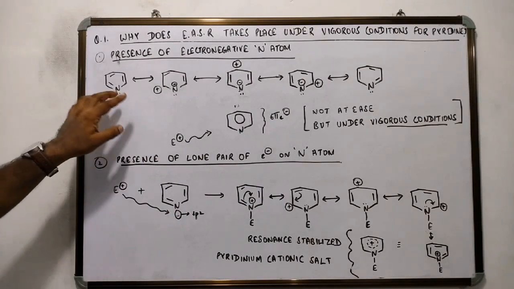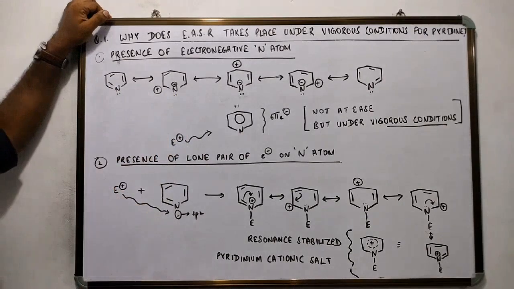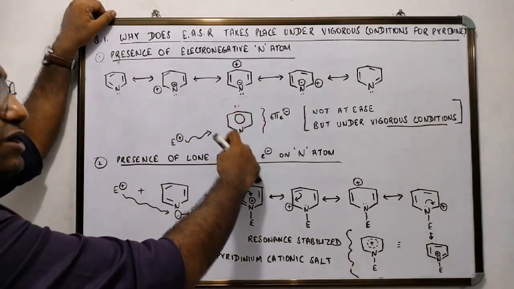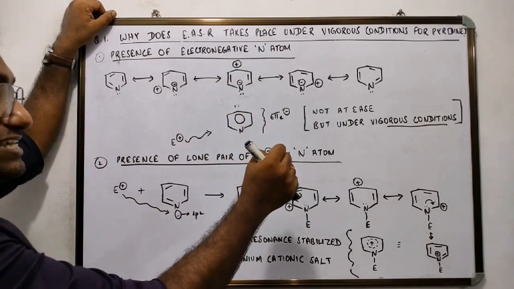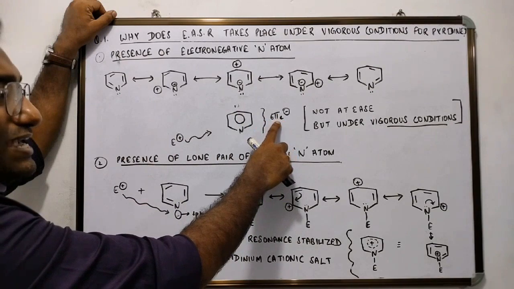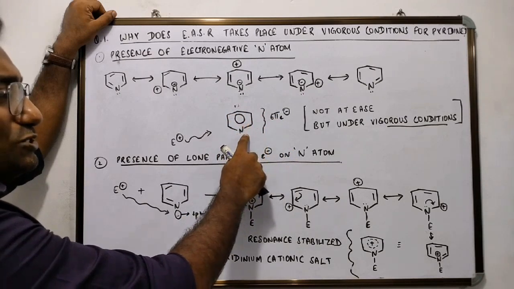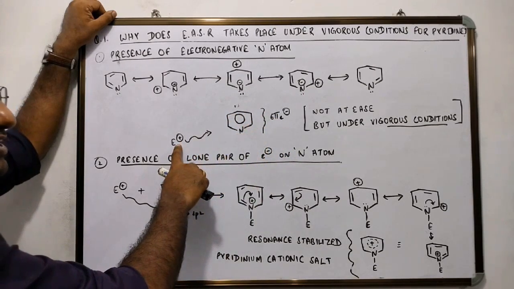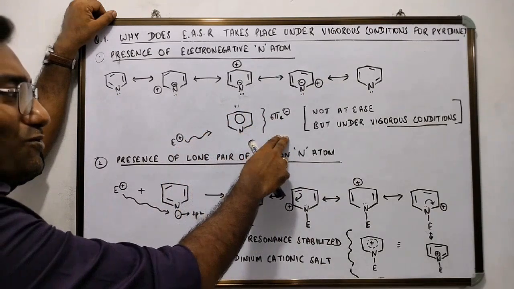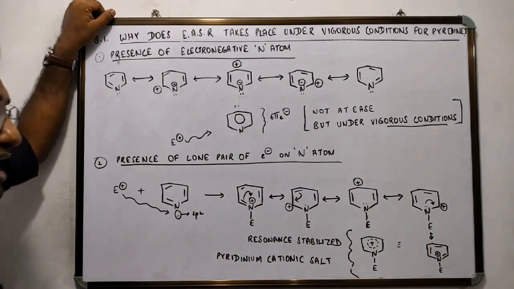Let us look at reason number 1, the presence of the electronegative nitrogen atom. Pyridine is an aromatic sextet consisting of 6 pi electrons. It is these 6 pi electrons that make the pyridine ring susceptible to attack by an electrophile and thus undergo electrophilic aromatic substitution reaction.